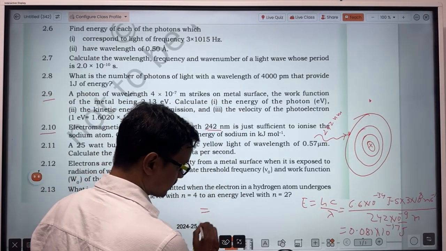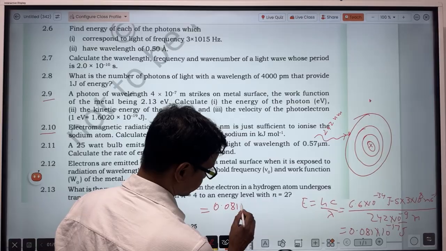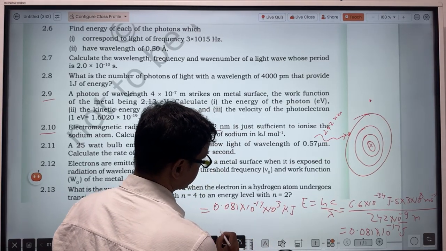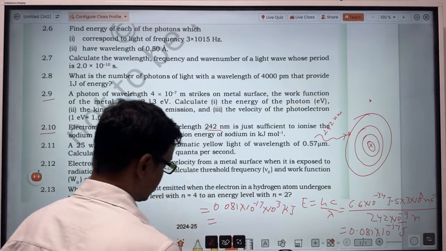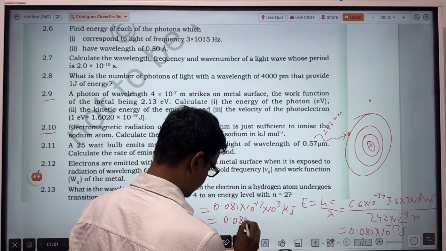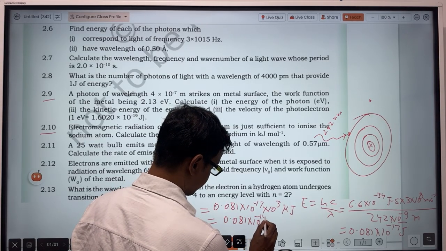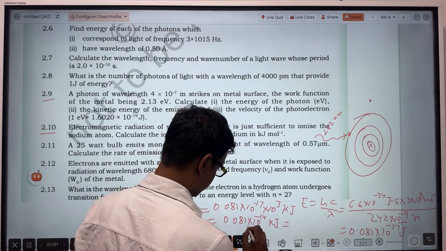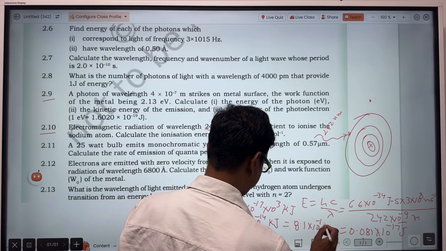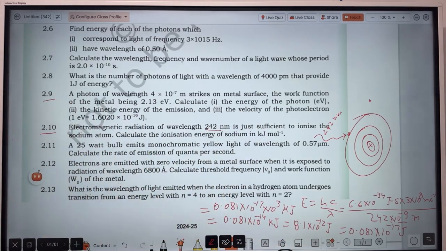In case of kilojoule, that will be 0.081 into 10 to the power minus 17, into 10 to the power 3. That is 17 minus 3, 14, so 0.081 into 10 to the power minus 14, that much kilojoule, which equals 8.1 into 10 to the power minus 12 joule. So the ionization energy of the sodium atom will be 8.1 into 10 to the power minus 12 joule. Okay.